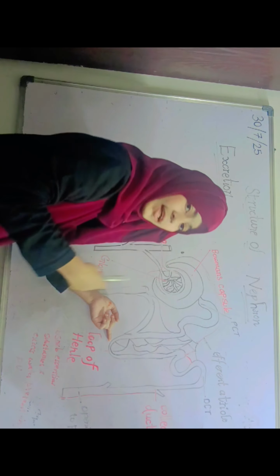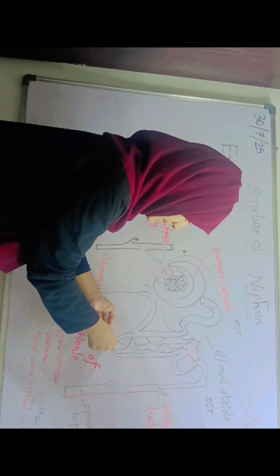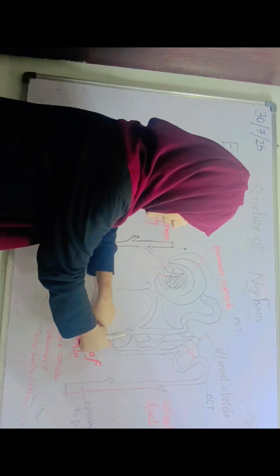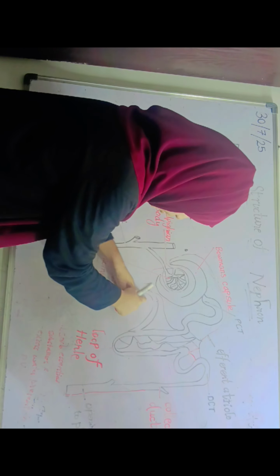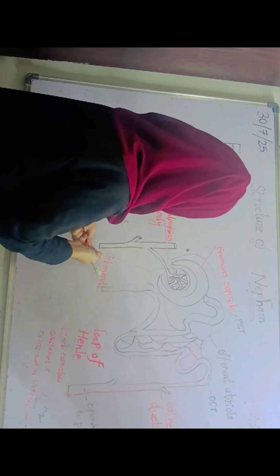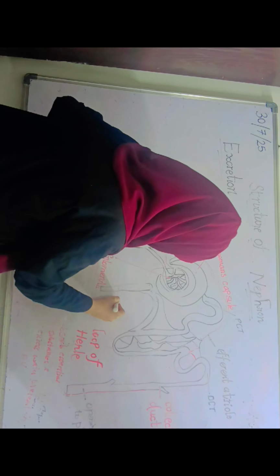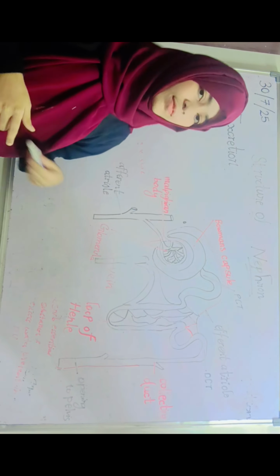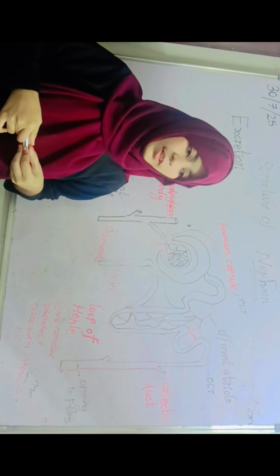It reabsorbs essential substances, water and acids. This is tubular reabsorption. The blood present in loop of Henle goes out through the vein. So this is the structure of nephron.